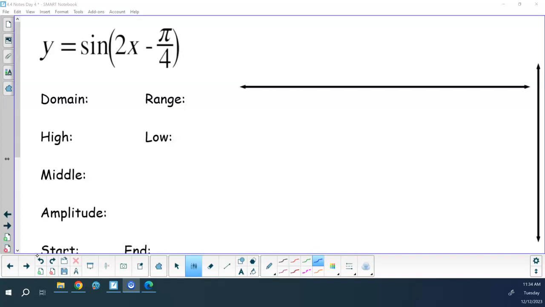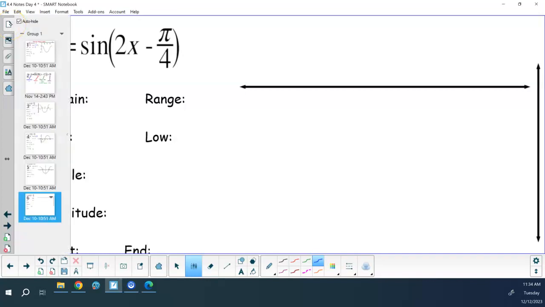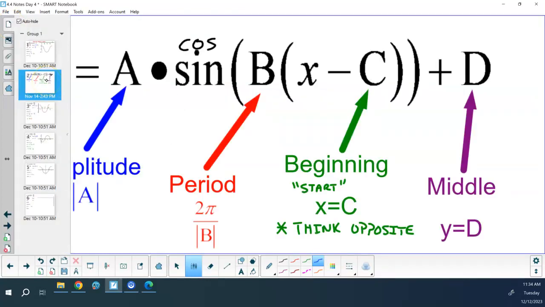Okay? Now, in your generalized formula, if I go way back to here, where is that 2? It's B, right? And where is B?